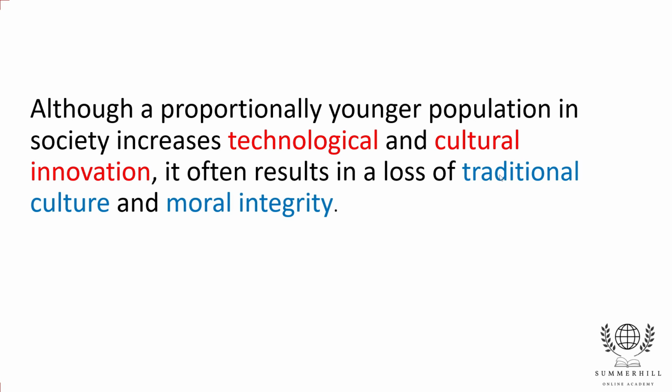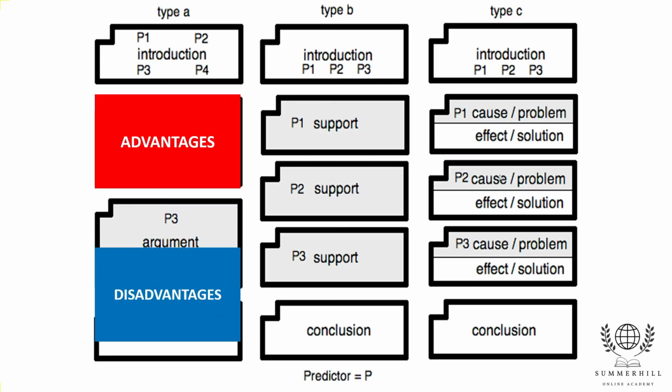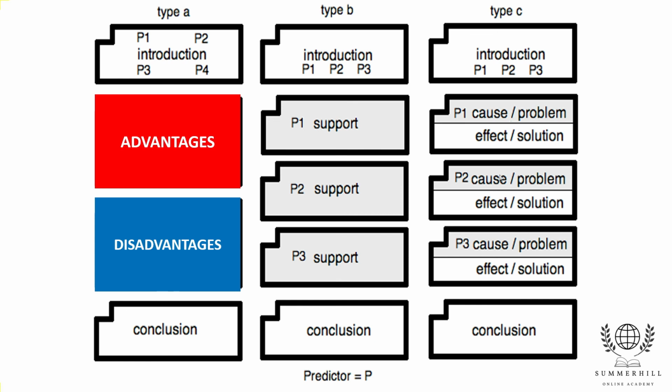So for this kind of essay, we would talk about the technological, cultural aspects of having advantages of having many young people, but also the disadvantages of having many young people and how it leads to traditional cultures being forgotten, and maybe even the moral integrity of a society that might be affected by having fewer older people in society, right? So that would be a type A essay as well.